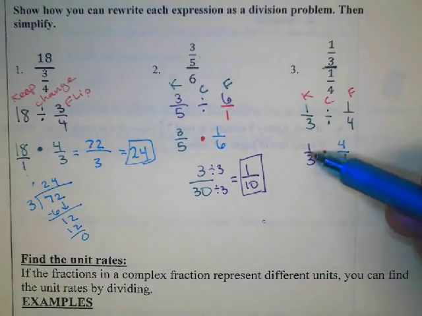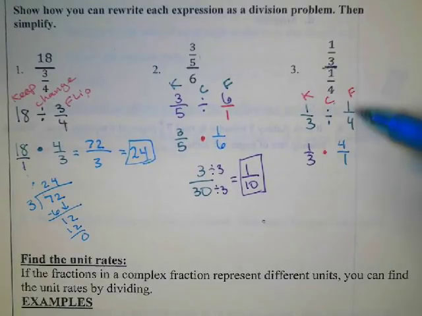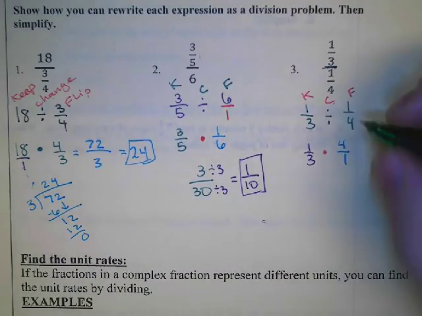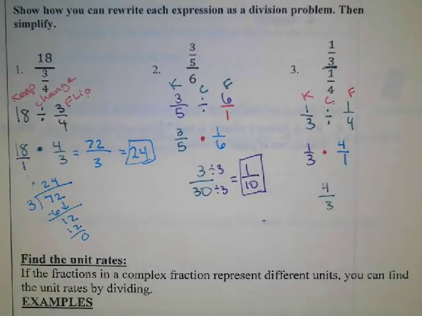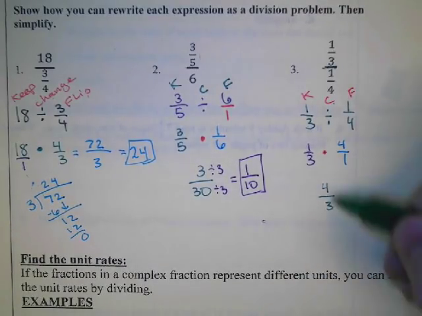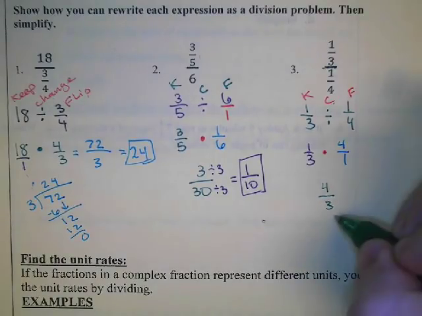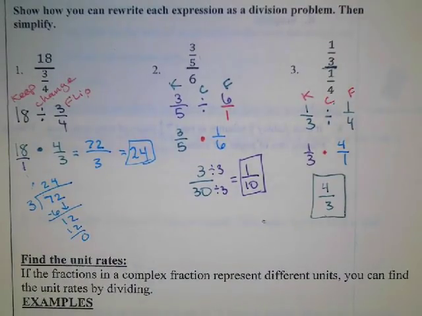So we keep, change division to multiplication, and then flip. We multiply these together, and this will be straightforward. We get 1 times 4 is 4 over 3 times 1 is 3. And we can't simplify this fraction, so we're done. 4/3. So that's how we deal with complex fractions. Turn it into left to right division, and then use our keep, change, flip.